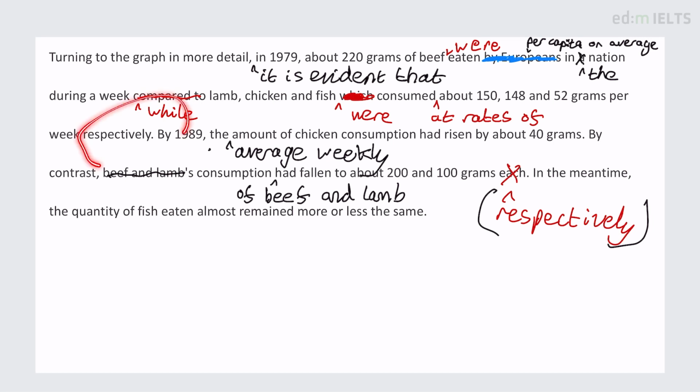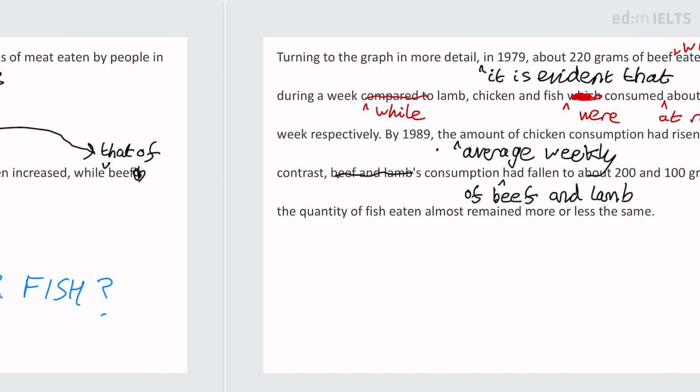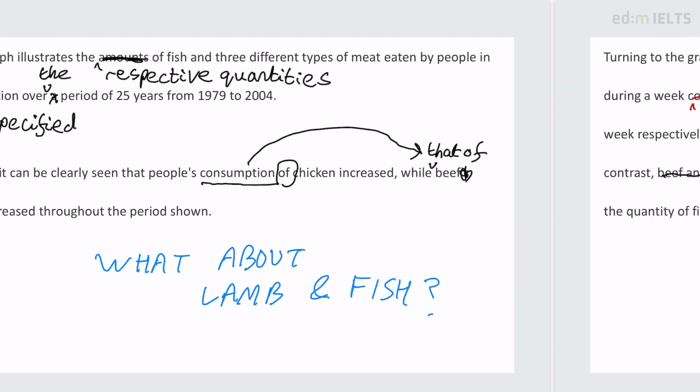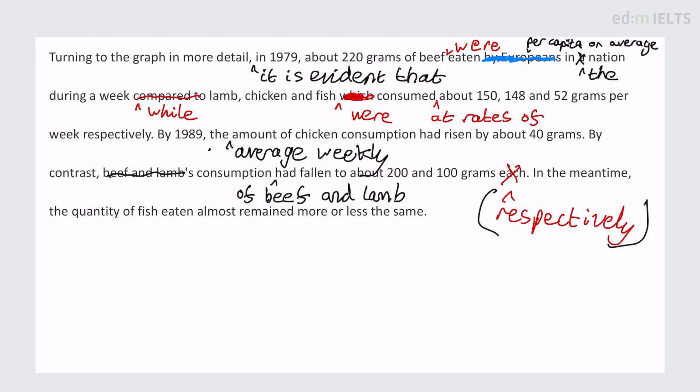So what I sometimes do is I do it the first time, and if I do it again in the next sentence, or very soon after, I just skip it the following time. It is a very useful word to organize information, because when you're writing 150 words in 20 minutes, you have to be very concise with your words. Concise means not wasting words, and this is a good way to do that.